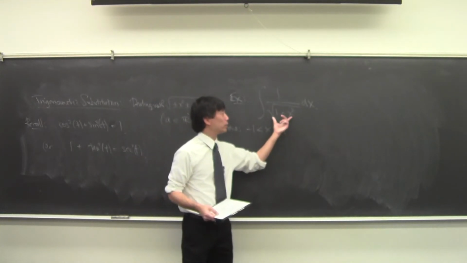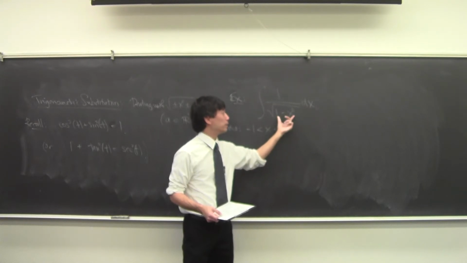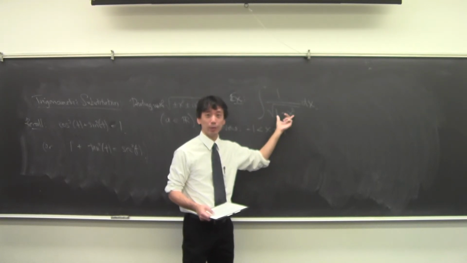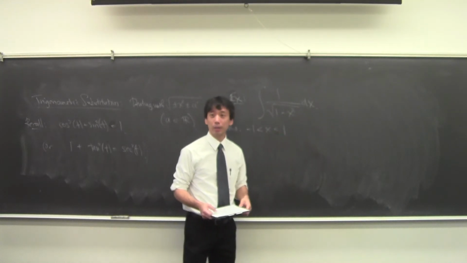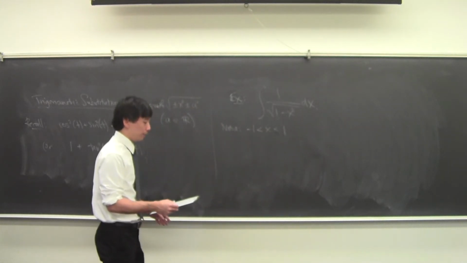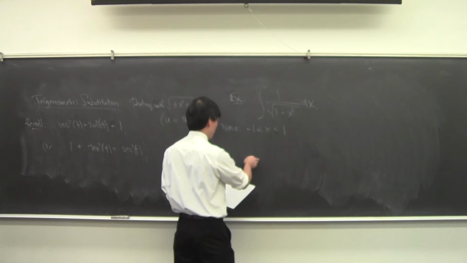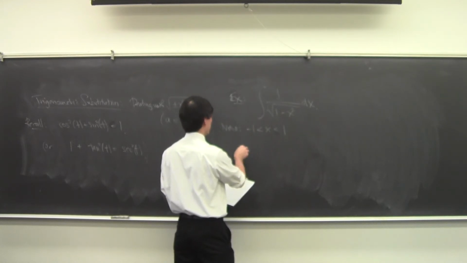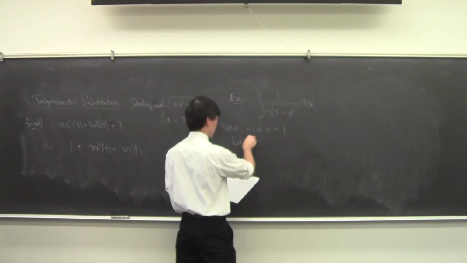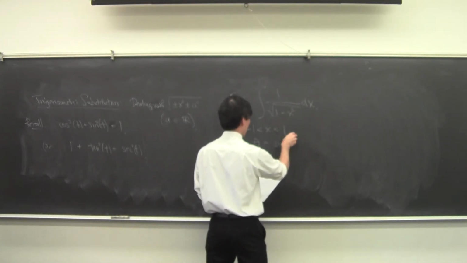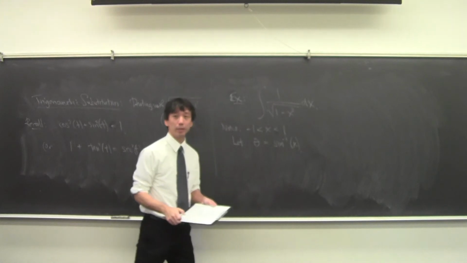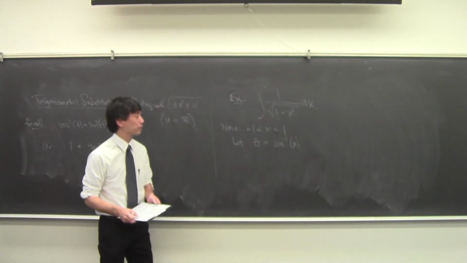If I'm looking at the square root of 1 minus x squared, I don't want 1 minus x squared to be 0 or negative. It's between -1 and 1. So what we're going to do is let theta be the arcsine of x.